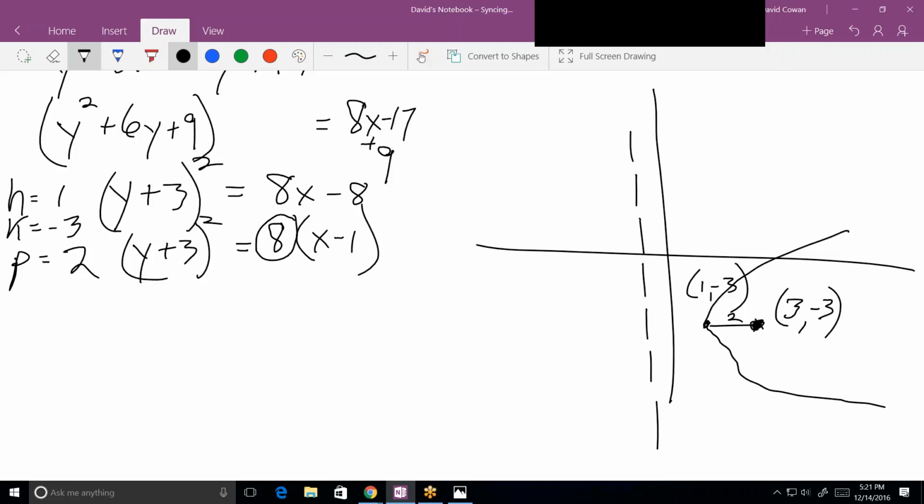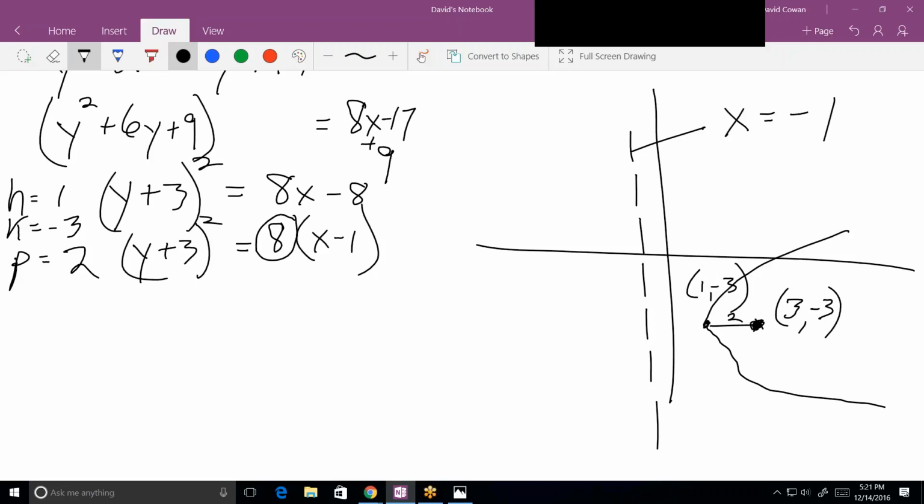It's always the same distance away from the vertex as the focus is. So the directrix is 2 units to the left of the vertex. What's the equation of this directrix? It's going to be x equals -1.